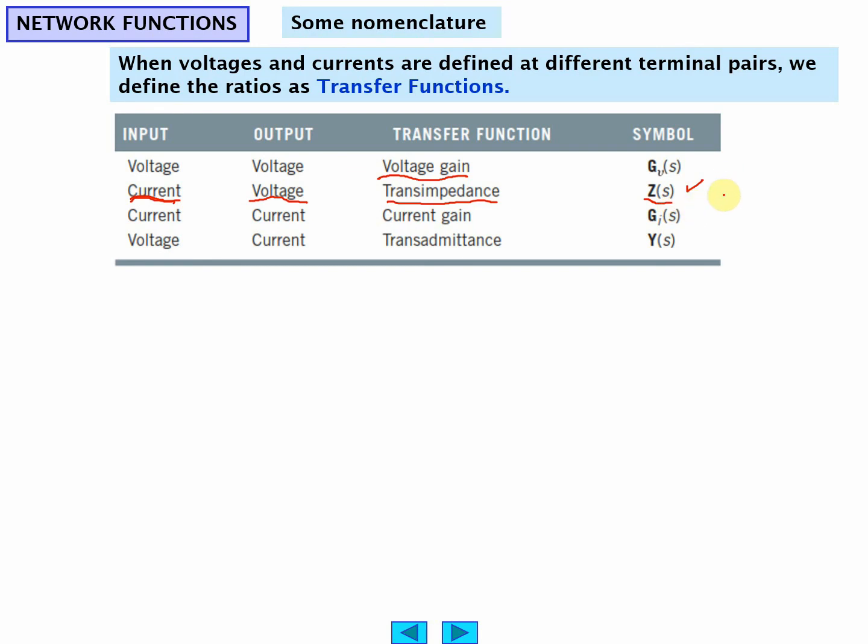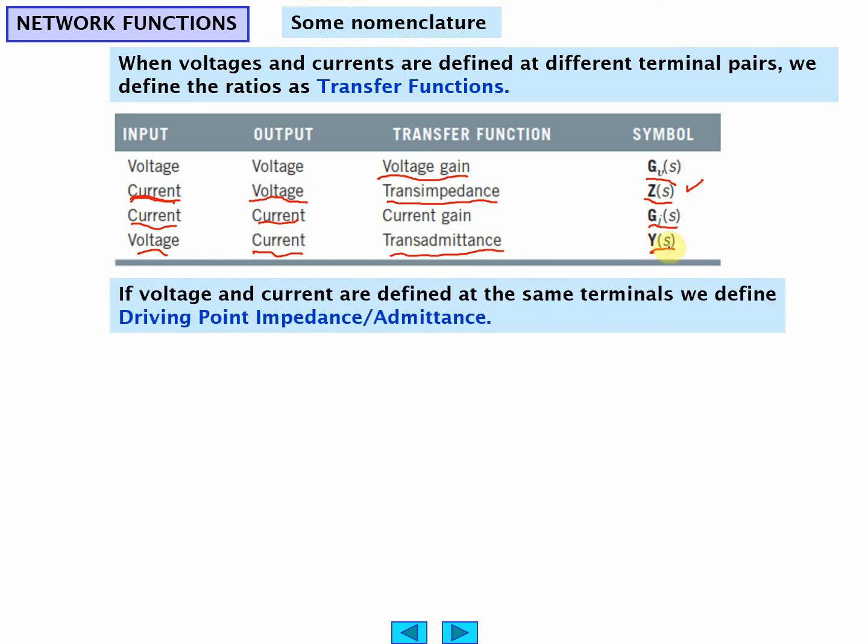It has the units of ohms. Current gain, that's a bipolar transistor. So current gain, voltage gain. And then transadmittance. You put a voltage in, you get a current out. That's your transadmittance. Transfer admittance, if you will.